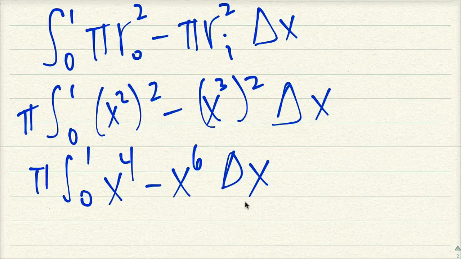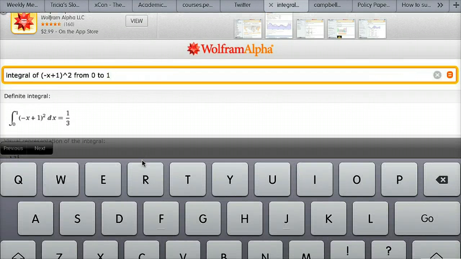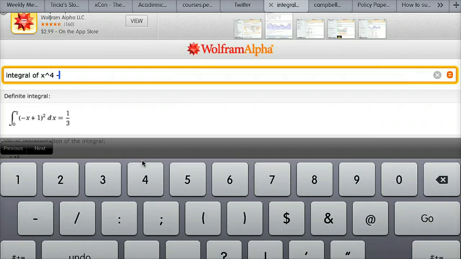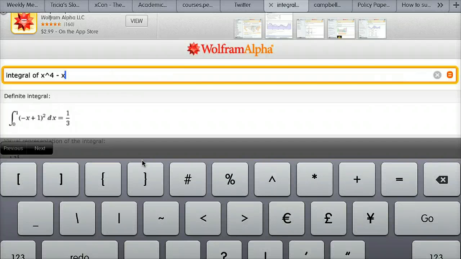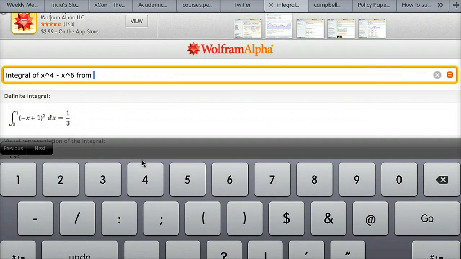So what I'm going to do now is put this into Wolfram Alpha and figure out the answer. This is x to the fourth minus x to the sixth from 0 to 1. So I'll go into Wolfram Alpha. I'll literally type in integral of x to the fourth minus x to the sixth from 0 to 1.